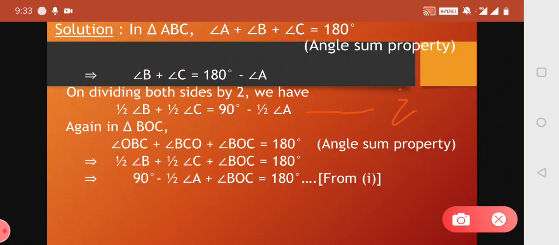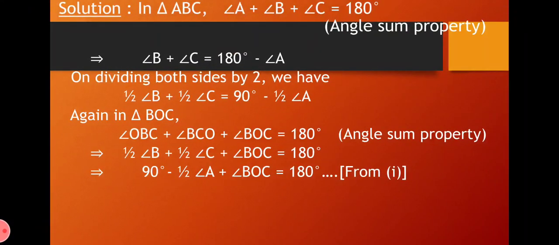From this we know that the value of half angle B plus half angle C we can take as 90 degree minus half angle A. So in place of half angle B plus half angle C, we write 90 degree minus half angle A plus angle BOC as it is equal to 180 degree.